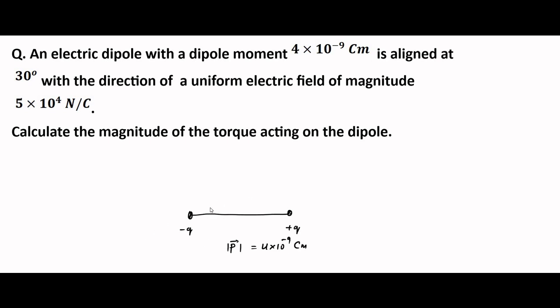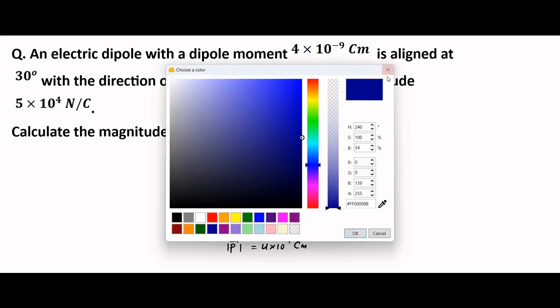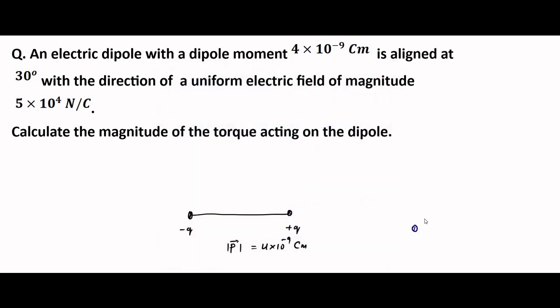Okay, this is the dipole, but this dipole is aligned at an angle of 30 degree in the direction of a uniform electric field of magnitude 5 into 10 to the power 4 Newton per coulomb. We have to determine the magnitude of torque acting on the dipole.